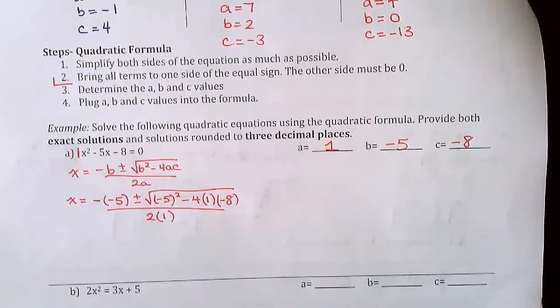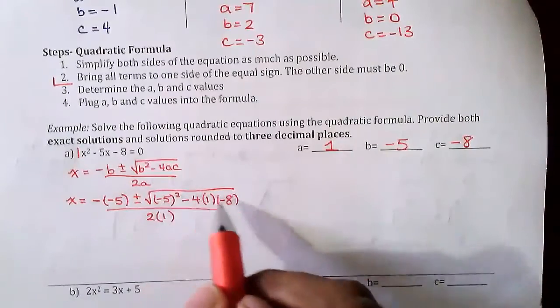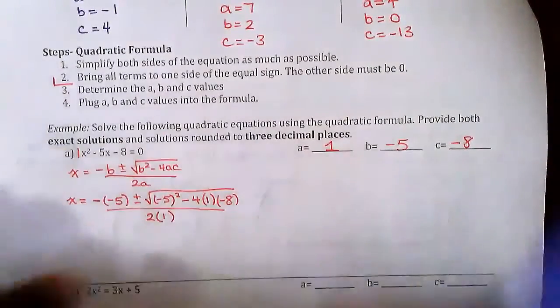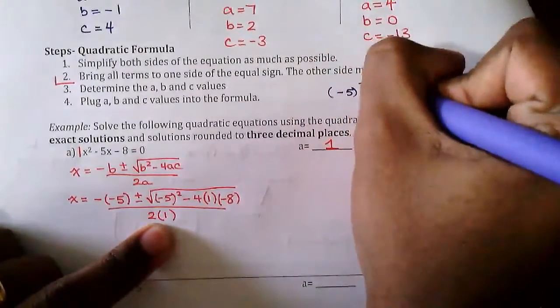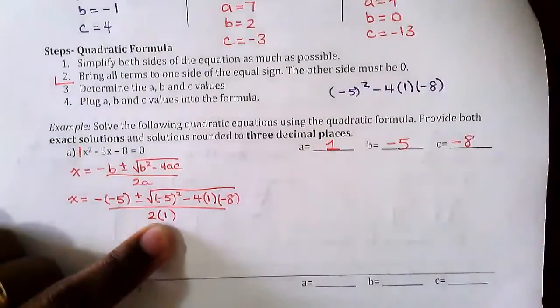Now this looks like a whole bunch of math. What I suggest you do is do stuff on the side and specifically start with the numbers underneath the square root. So I'm going to do it off to the side here. I'm just going to copy this down. -5 squared minus 4, 1, -8.